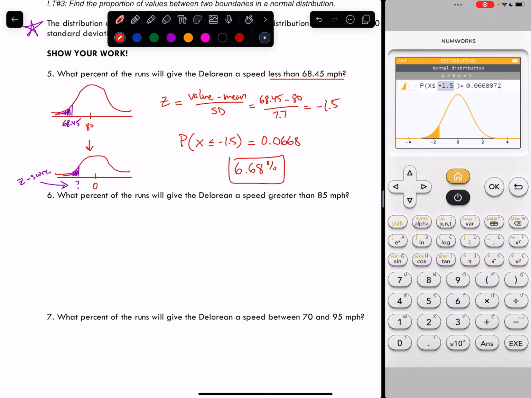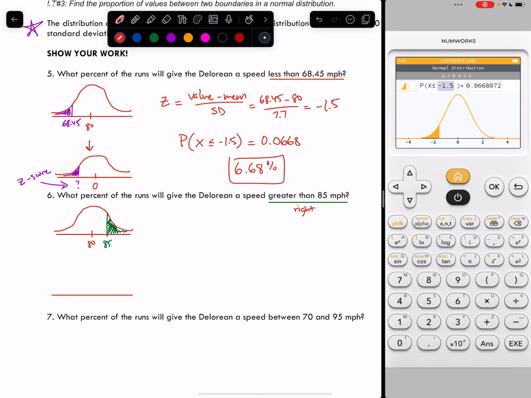Question 6. What percent of the runs will give the DeLorean a speed greater than 85? So again, greater than 85, greater meaning to the right. So if I think about my graph, here's my distribution. Our mean's at 80. 85 would be here-ish. I don't really know exactly, but we'll say it's there. And I want everything to the right. So again, how are we going to find that?